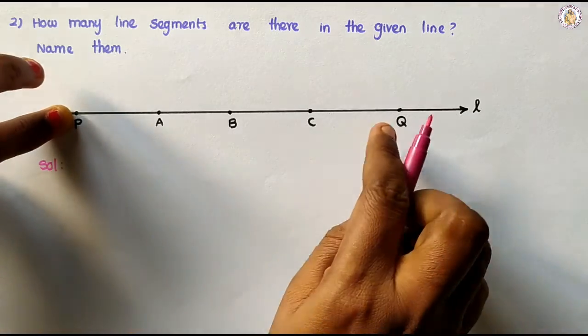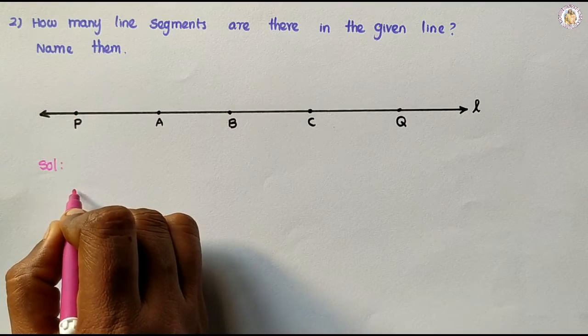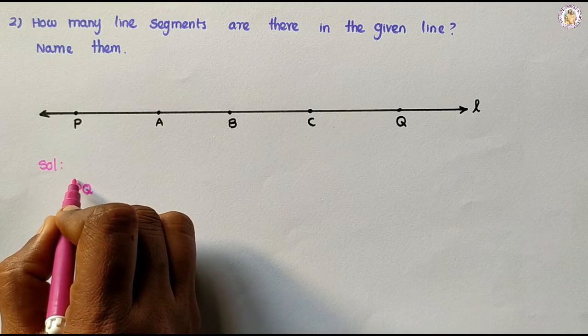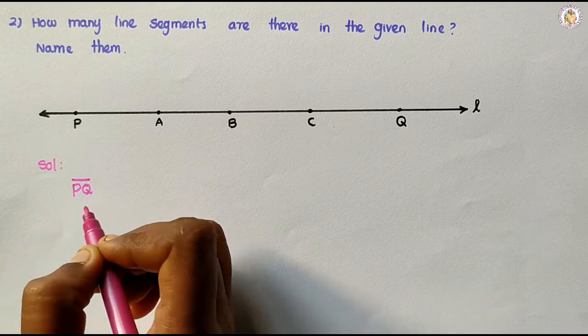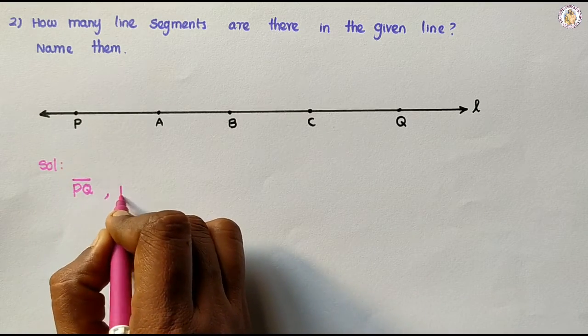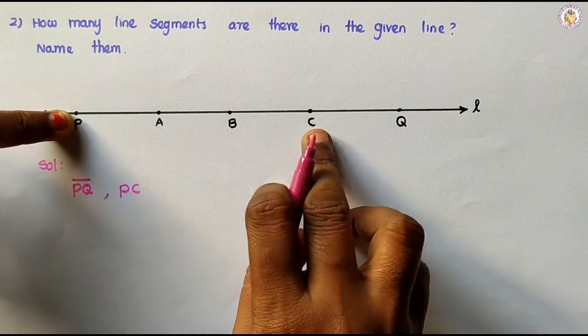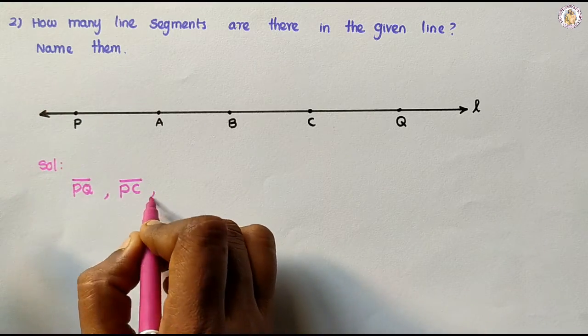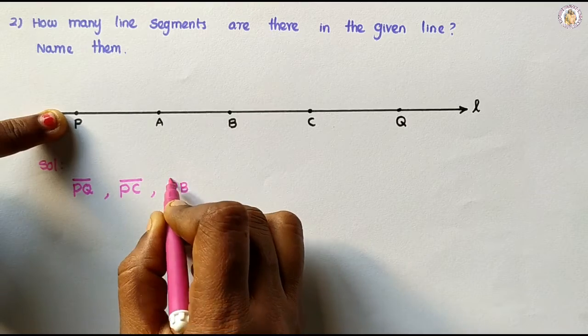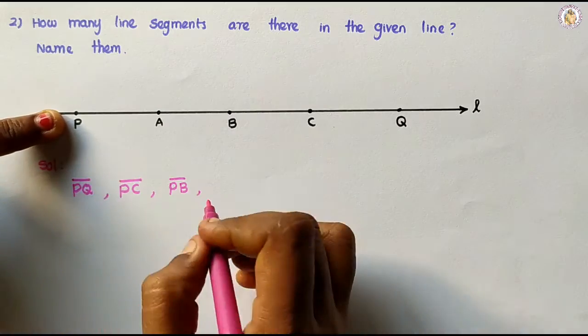PQ. How will you write the line segment? Put a bar. And then PC. Next PB. And then PA.